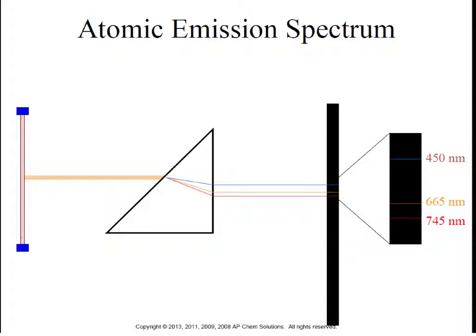Our brain meshes them together when they're all in one, but once we've separated them out with a prism, we can see the different colors. And so whatever this sample is, it generates 3 different wavelengths, some blue, some orange, and some red, which we would visualize as kind of this color when it's all meshed into one. But when they're separated, then we can see what the wavelength of each individual color is.